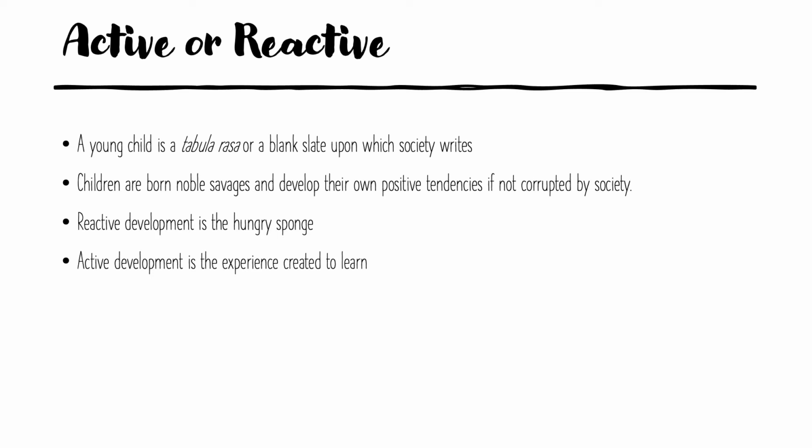Jean-Jacques Rousseau, an 18th century philosopher, believed that children are born noble savages and develop their own positive tendencies if not corrupted by society. This may be a slight overstatement of his views. He did not believe the savage stage was the first stage of development.